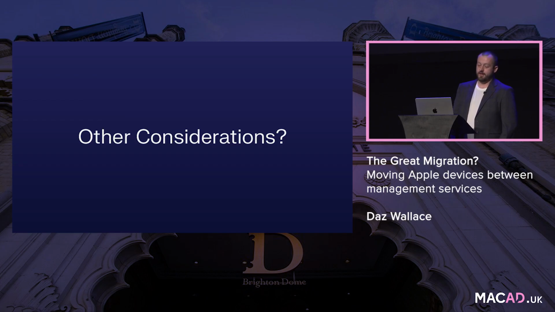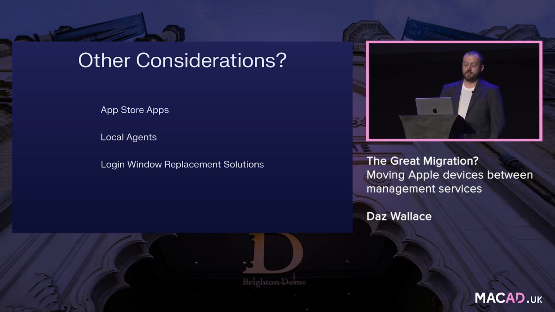First up, App Store apps delivered by the Apps and Books service, previously known as VPP or Volume Purchase Program. These apps are licensed via your management solution, and during the process, they'll obviously be unlicensed. Now, typically, that would mean the uninstallation of the app and the removal of any local data, especially with iOS, iPadOS.